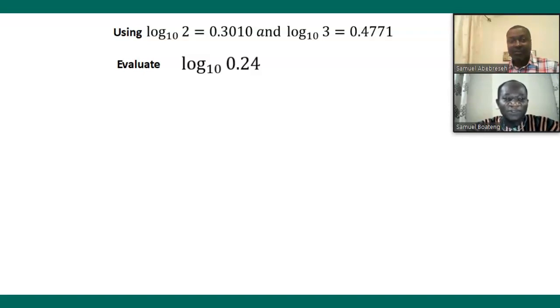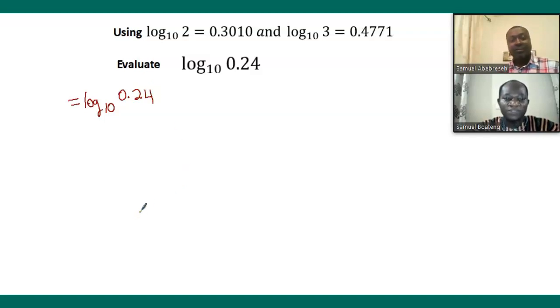A value for log 2 to the base 10 is given as 0.3010, and then log 3 to the base 10, 0.4771. So what we need to do is to simplify log 0.24 base 10 in terms of log 2 and then log 3.